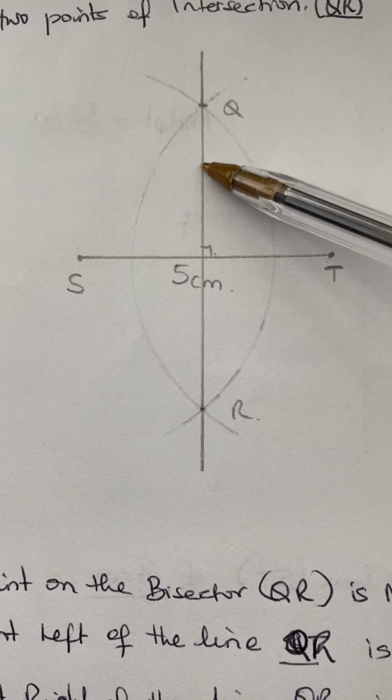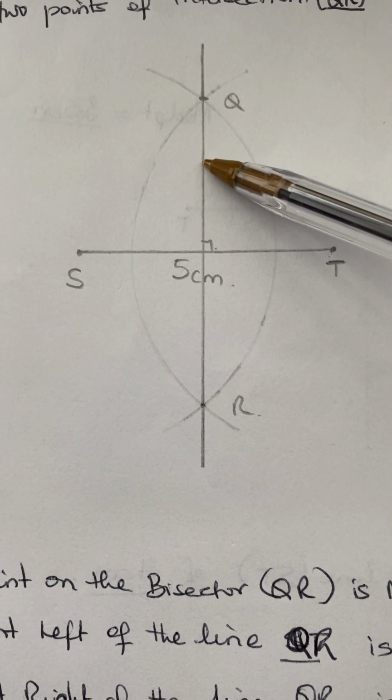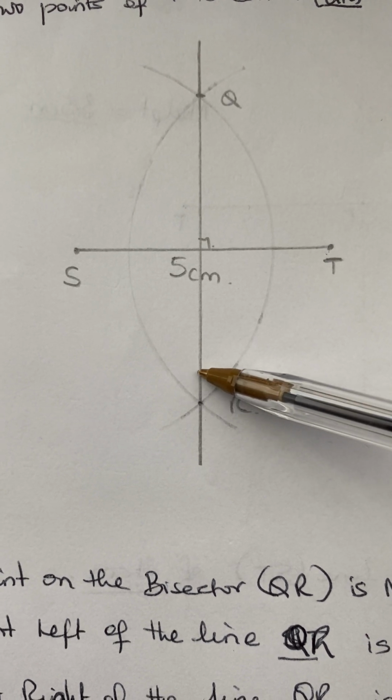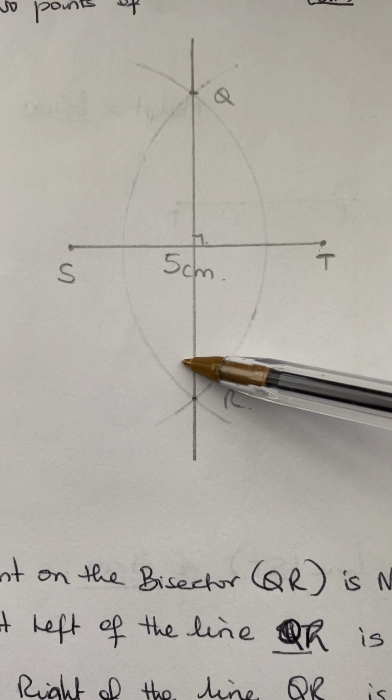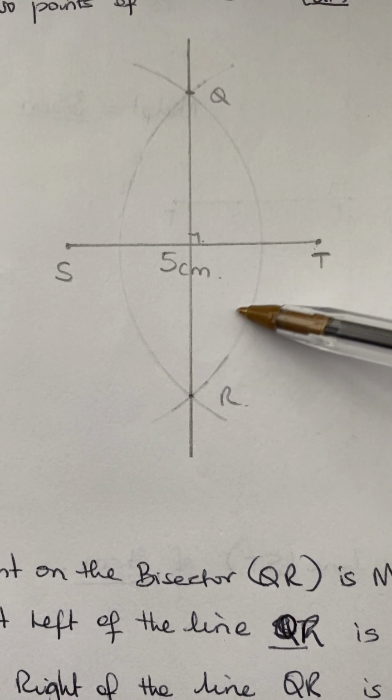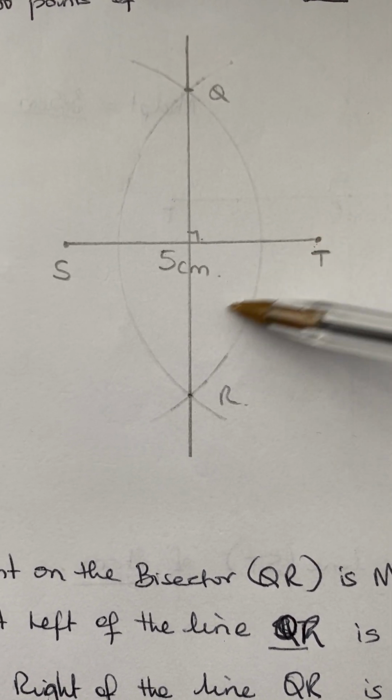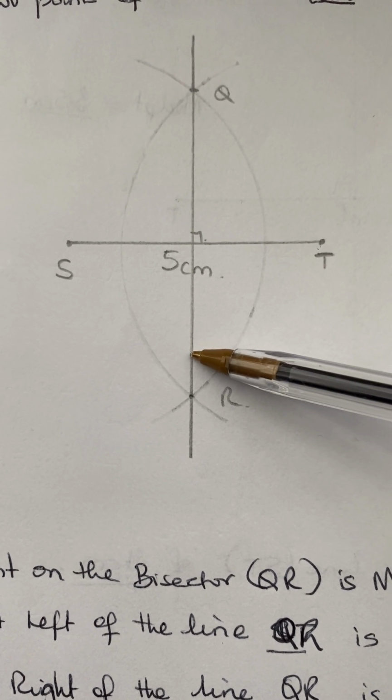You can draw it and find out. If I take this point here, from S to this point will be the same distance as from T to the same point.